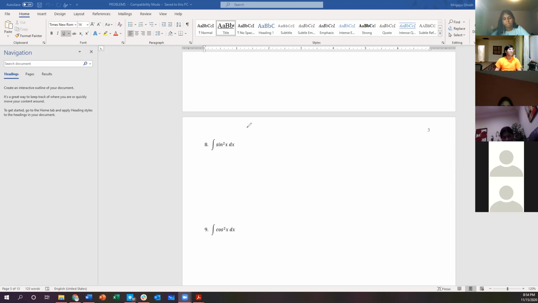Oh, I know. I think one way to do it might be to say u equals sine x, du equals cos x dx, correct? And then you take this to be the integral of du over cos x, which is sec x dx.